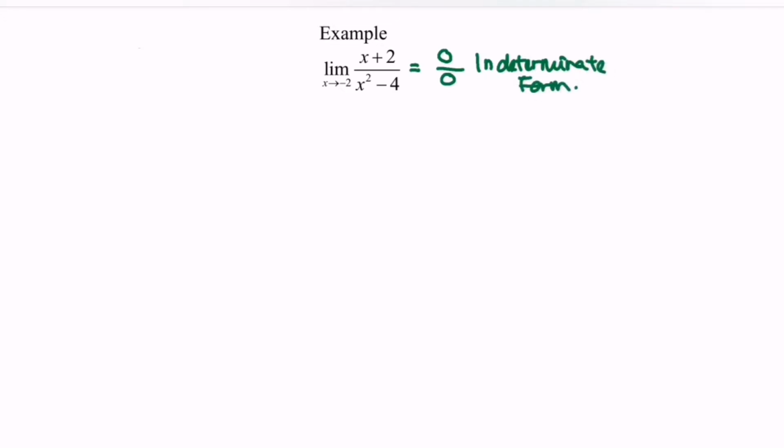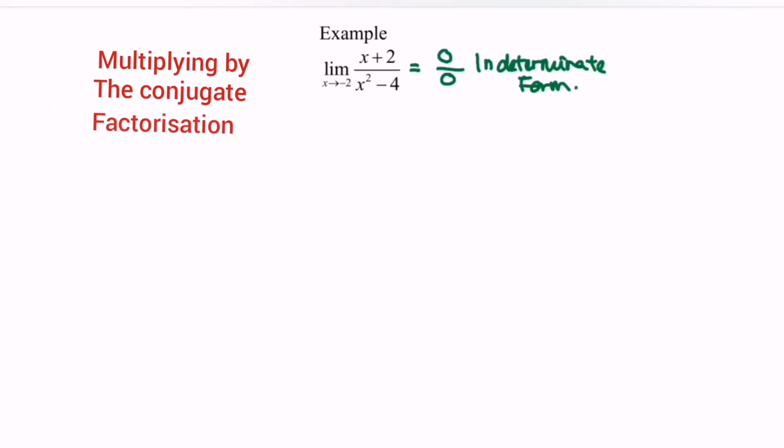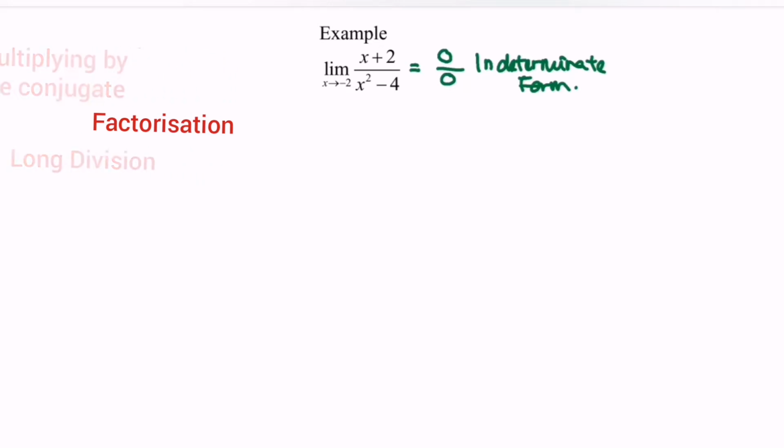There are several strategies that can be used to solve this kind of problem. Number 1, multiply by the conjugate. Number 2, factorization. Number 3, long division. For this case, my suggestion would be factorization.